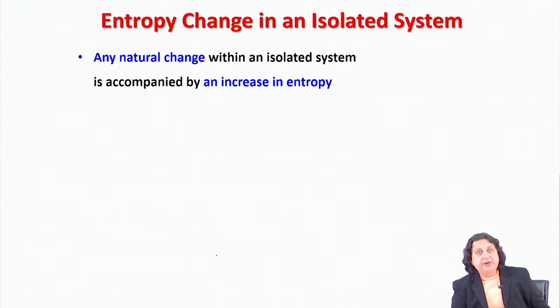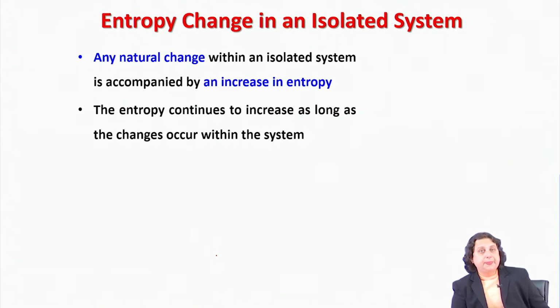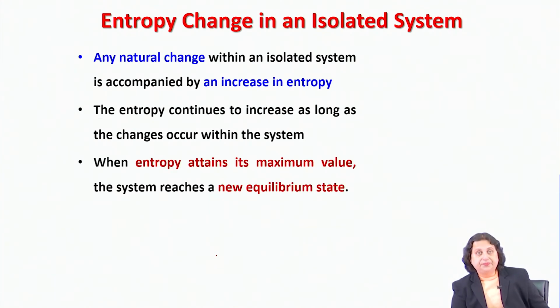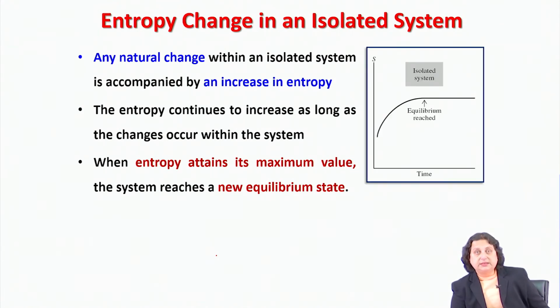So, let me take an example and summarize this, what I meant by this statement, but let me give you further elaboration by saying that any natural change within an isolated system is accompanied by an increase in entropy, and this entropy would then continue to increase as long as the changes occur within the system. When the entropy attains its maximum value, then we would say that the system has reached a new equilibrium state.